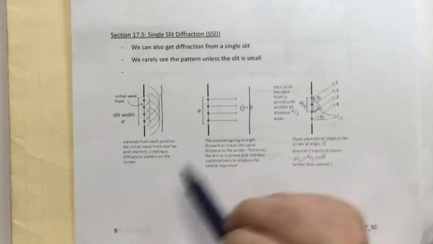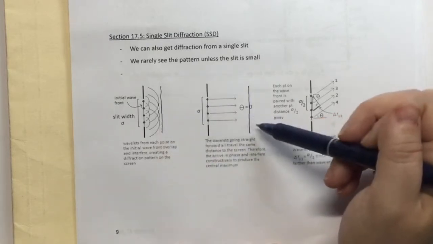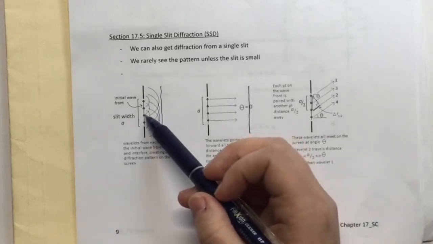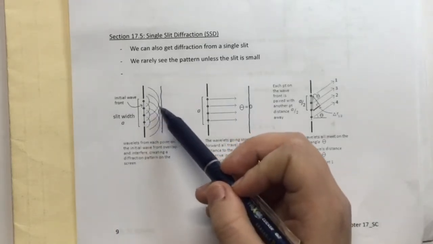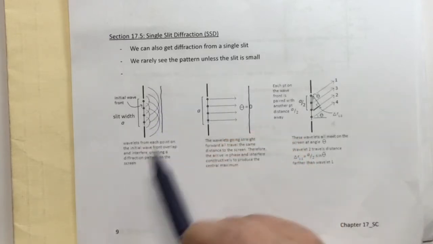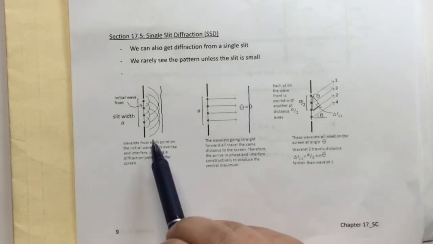In the last section, we were talking about how waves overlap when they go through a single slit. It's called single slit diffraction. You can think of each light wave as spreading out like a wave in water. There are 4 quanta of light, each spreading out like a wave in water. Where they hit, they form constructive interference.